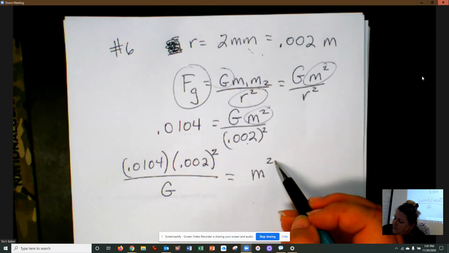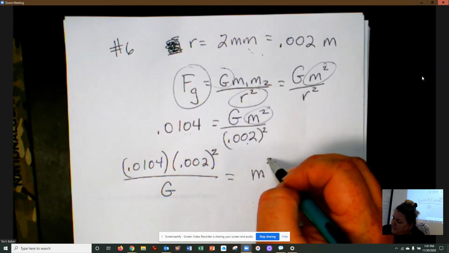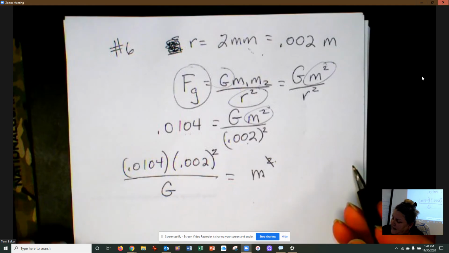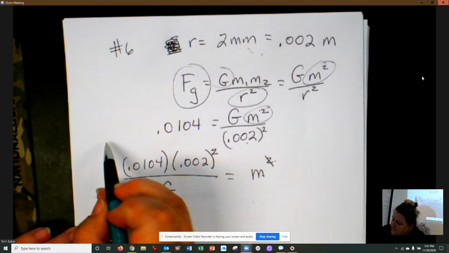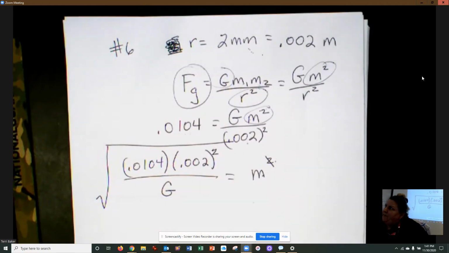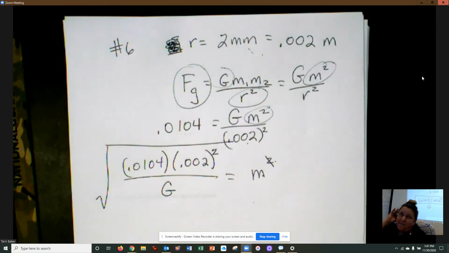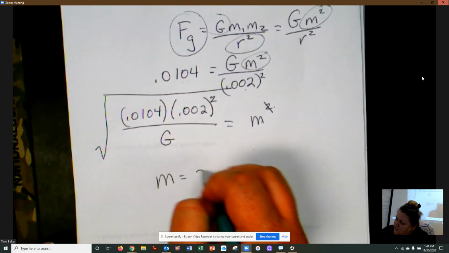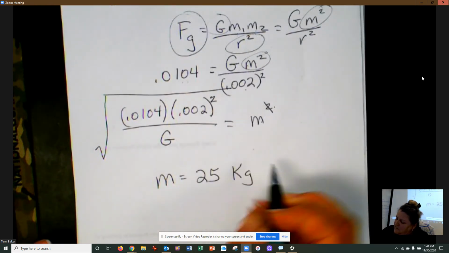Now, this is m squared. I don't want to square it, so I'm going to square root both sides, which cancels out the squared on that side and makes this side the square root. If you punch this into the calculator correctly, mass should be 25 kilograms.